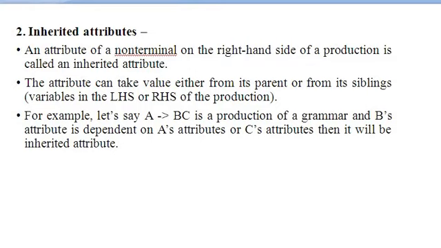An attribute of a non-terminal on the right hand side of a production is called an inherited attribute. The attribute can take value either from its parent or from its siblings.